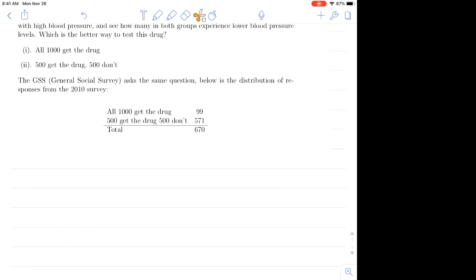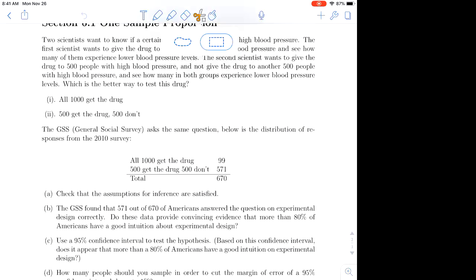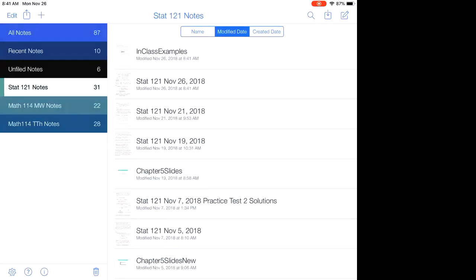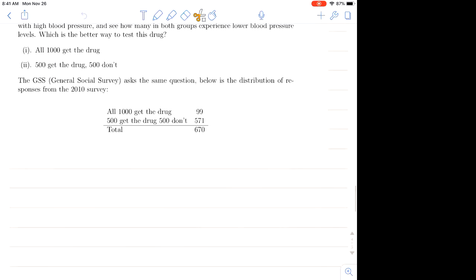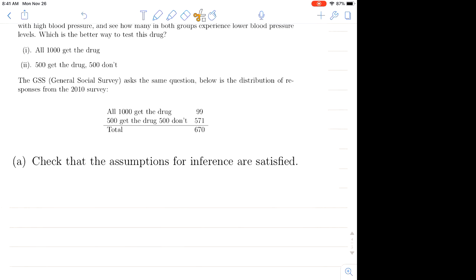And so first thing we're going to do, I guess, is check that the assumptions for inference are satisfied before we even do anything. But like I said, the assumptions are going to depend on whether we're doing a confidence interval or a hypothesis test. Of course, in this example, we're going to do both, right?